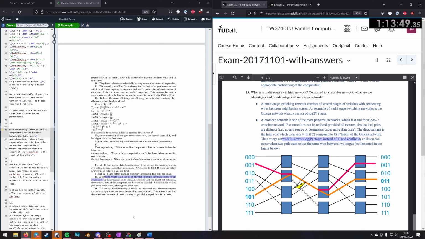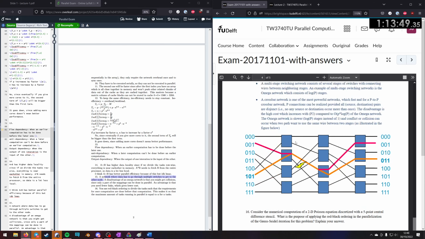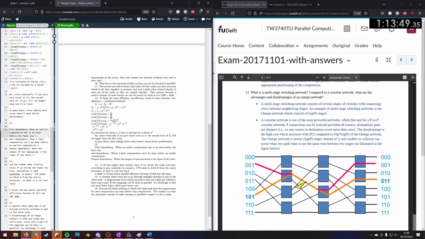So I think crossbar networks, everything is connected. Yeah. So we said the disadvantage is that you might get collisions and you need fewer links, which is lower cost. So lower cost we said, collisions we said, we didn't say the Omega network. So I feel like we get 2/3 of the points here. Plus 1 point here because we had the multi-stage network correct. So I think we get 5/6 of the points here.